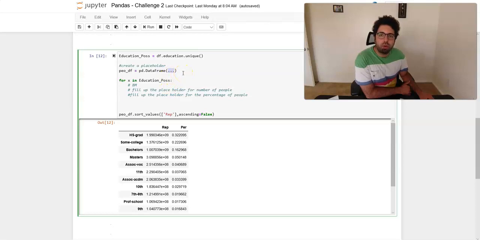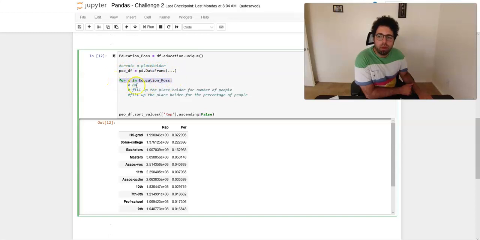You have to specify a default value for all of the cells, which could be anything, as long as it makes sense. Then you specify the indices of this placeholder, and then what columns you want. Once you have that, you can create this placeholder.